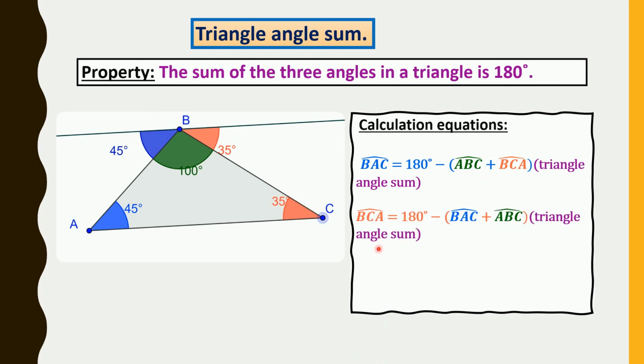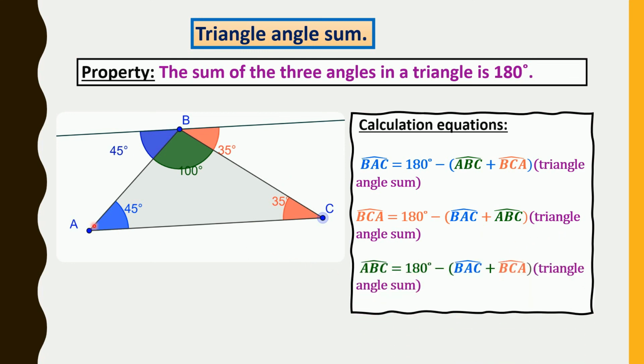If I want to calculate the orange angle BCA, I do 180 degrees minus the blue angle BAC plus the green angle ABC. Same reason, triangle angle sum.